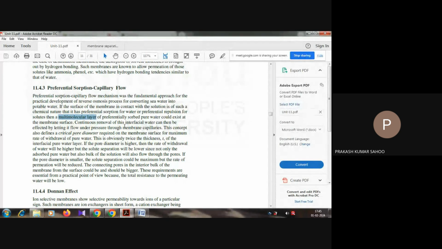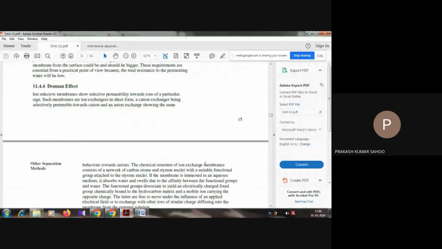Continuous removal of this interfacial water can then be effected by letting it flow under pressure through membrane capillaries. So this is based on both the adsorption as well as desorption mechanism by using capillary flow. This mechanism is effectively applied for converting salty water to potable water.